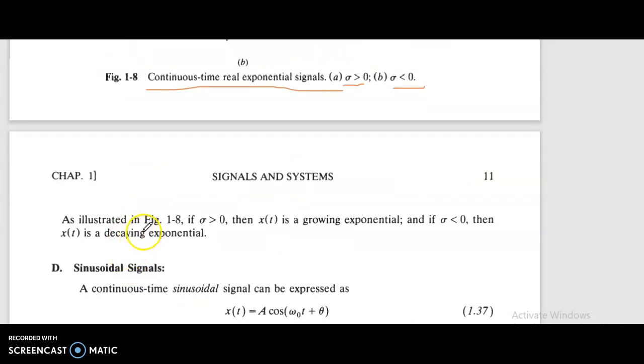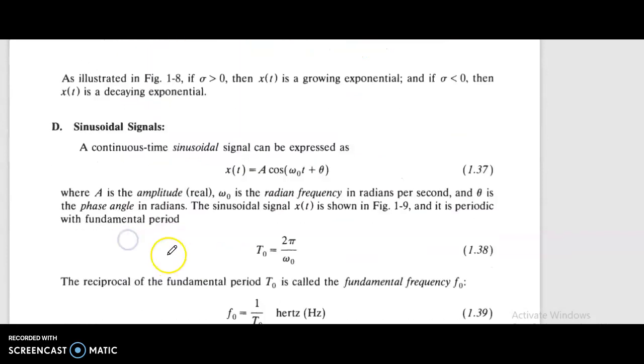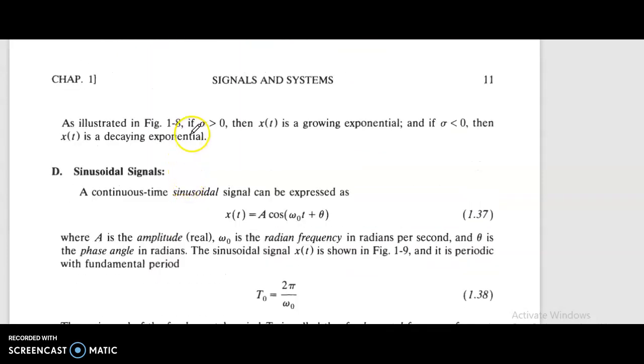As illustrated in figure 1.8, if sigma is greater than 0, then x of t is growing exponentially, and if sigma is less than 0, then x of t is decaying exponentially.